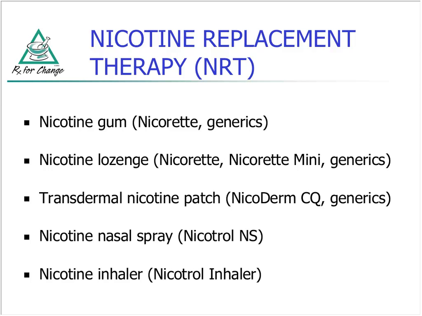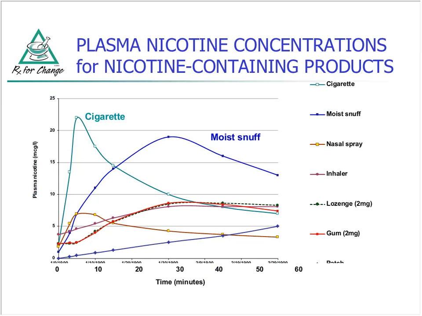So those are the 5 different NRT options, and what I really like about these options is that you're not introducing a new chemical agent like you would be with the tablets that we'll talk about in a minute. However, all of them are essentially equally effective. They're all effective. The problem with nicotine replacement therapy is that a cigarette very rapidly increases the plasma nicotine after you smoke, and we talked about this a few moments ago.